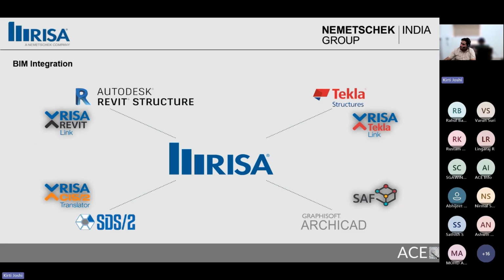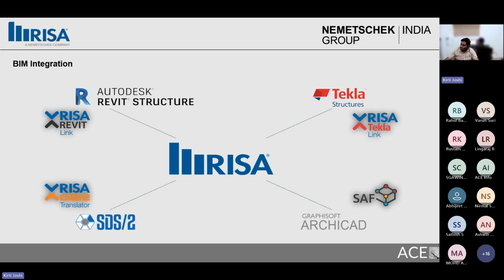Here you can see the RISA software is also designed to integrate smoothly with essential tools like Autodesk Revit, SDS2, Tekla, or Excel. The integration with Revit is both ways.